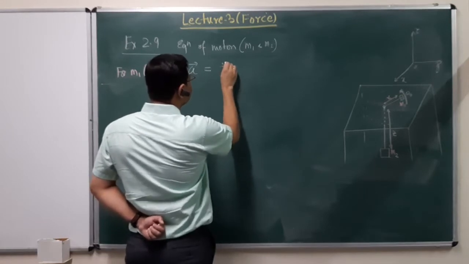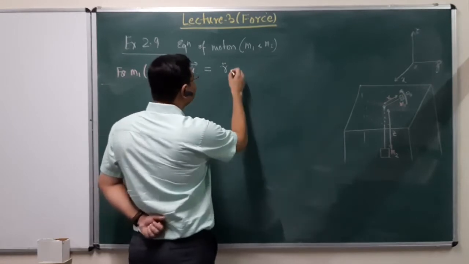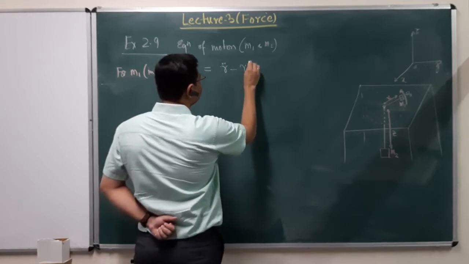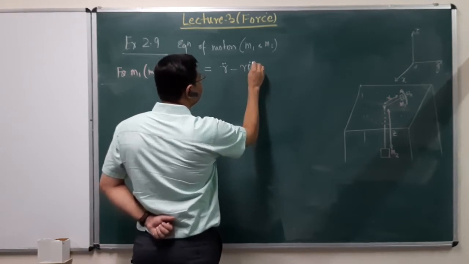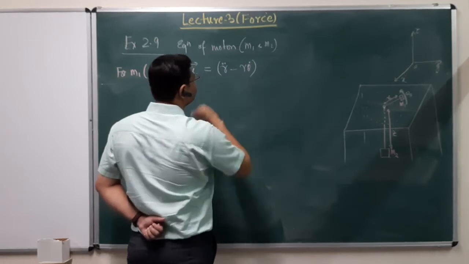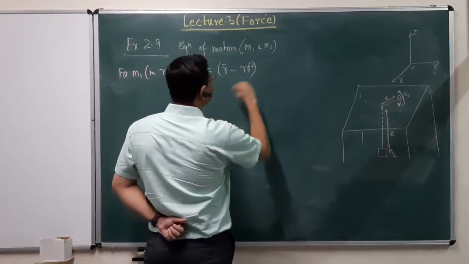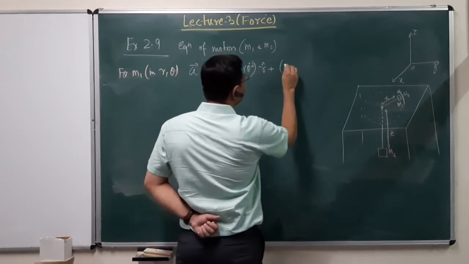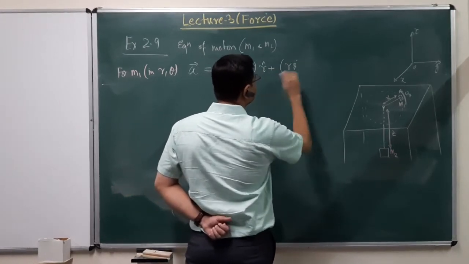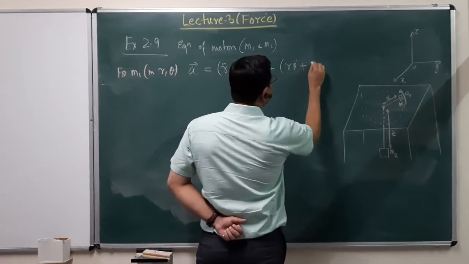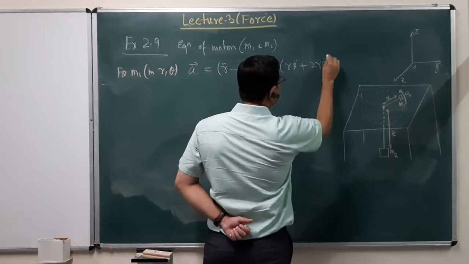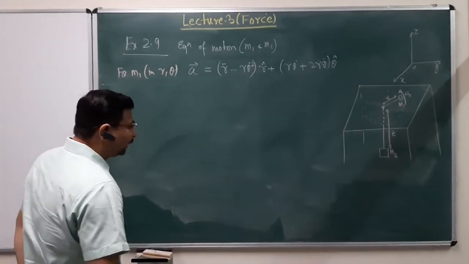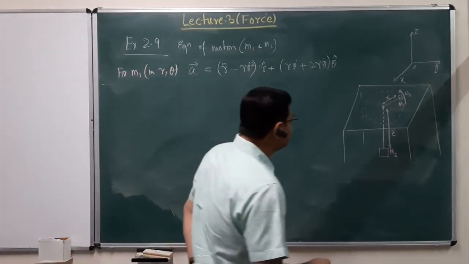It's the general acceleration, and then we'll see for the initial condition of the problem which components remain. It is (r double dot minus r theta dot square) r cap plus (r theta double dot plus 2 r dot theta dot) theta cap. So this is the expression for this, and now we'll see the specifics of the problem.